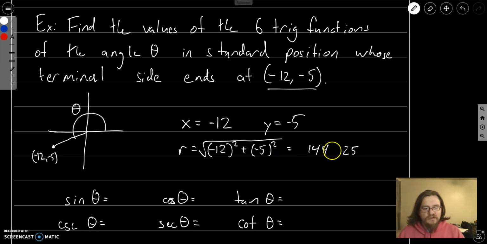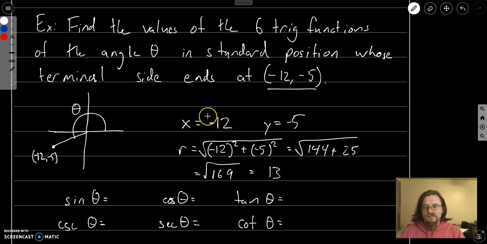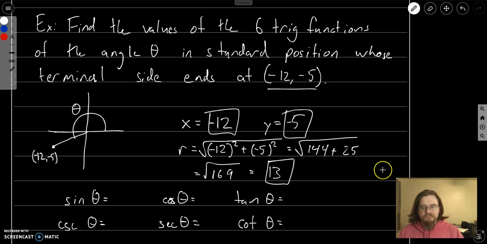Notice that when we square, the negatives cancel. So then we get the square root of 144 plus 25, that's 169, which happens to be 13. So we have -12, -5, and 13.